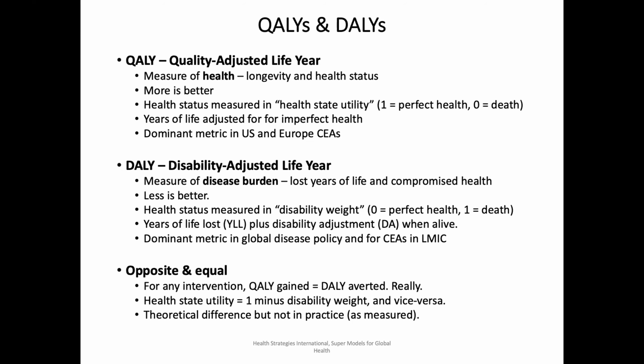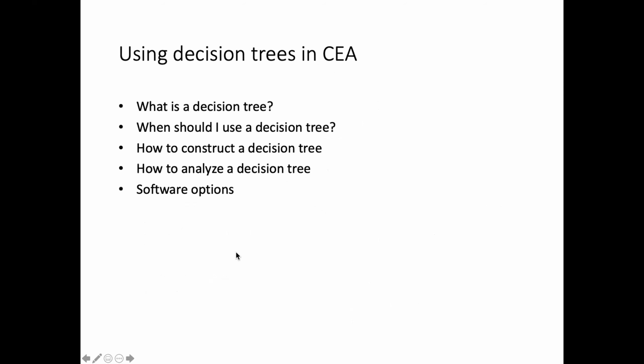So it can be very helpful to grab a health state utility, look at the disutility, the extent to which that health state utility is less than 1, and use that as the disability weight. So QALYs and DALYs are together incredibly important as an outcome metric.